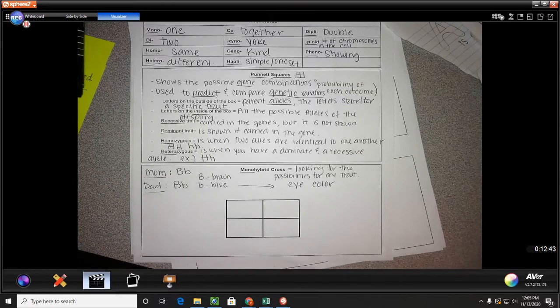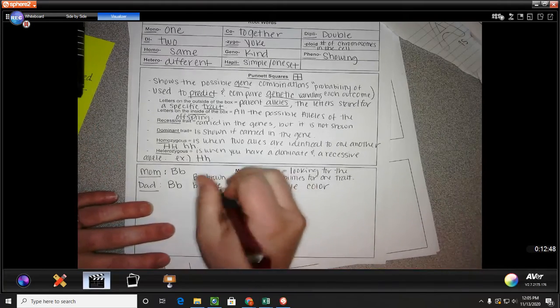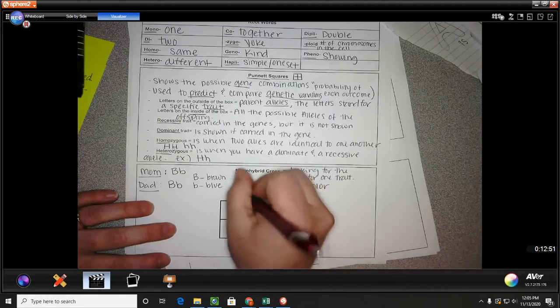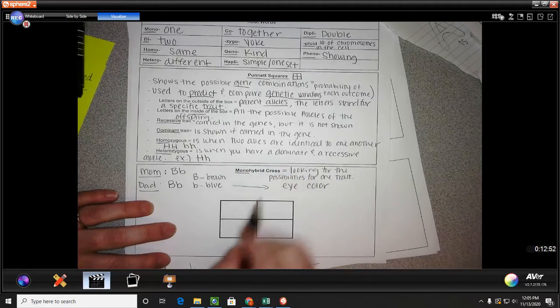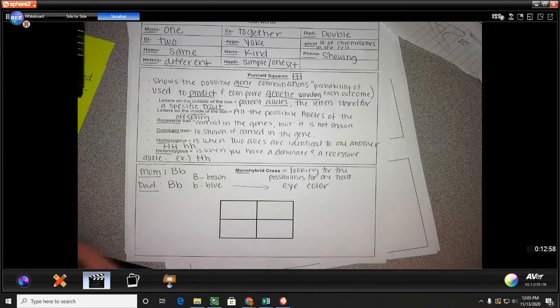So in order to have a baby, mom and dad have to come together. So here we are. Here is mom. So mom's going to go on this side. Now, we can only give one of each. Dad can only give one letter and mom can only give one letter.